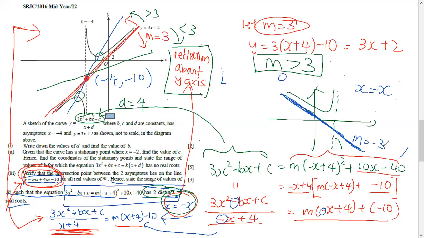Again, we want the intersection to happen, meaning to say that I must rotate the member this way. So I'm supposed to make it even more negative. Because now it's already downward sloping, I want to make it even more downward sloping. So this m here will be less than -3.